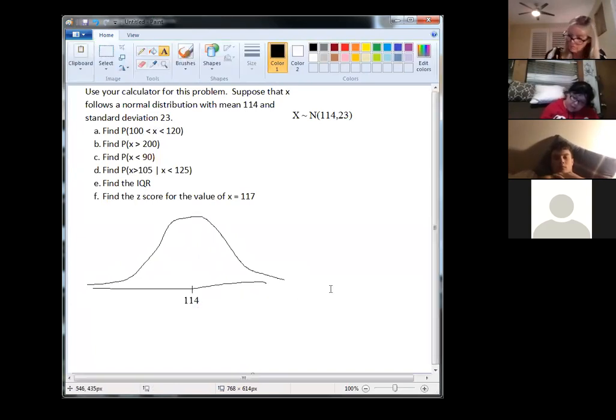So the center of the picture should be 114. We want to find the probability that X is between 100 and 120. So in the picture, I can go to 100, somewhere to the left of 114, and 120, somewhere to the right of 114. I'm going to label those.